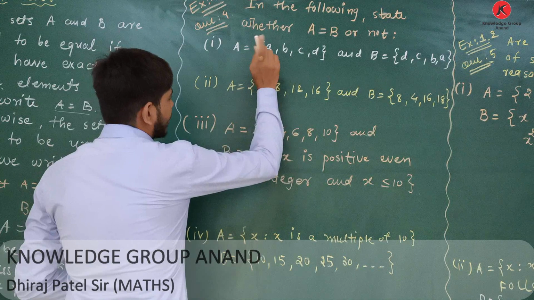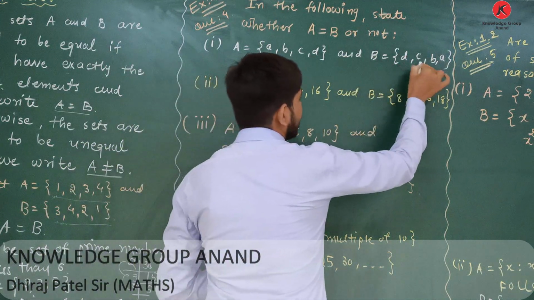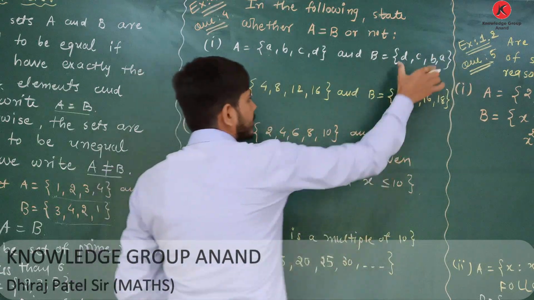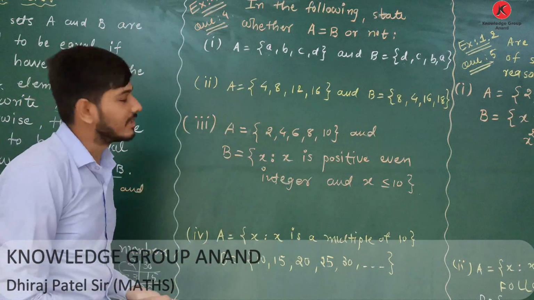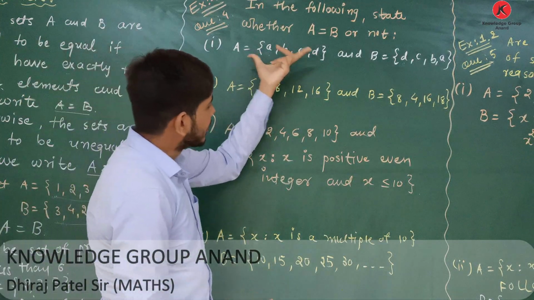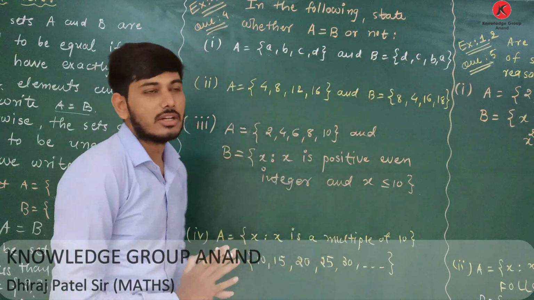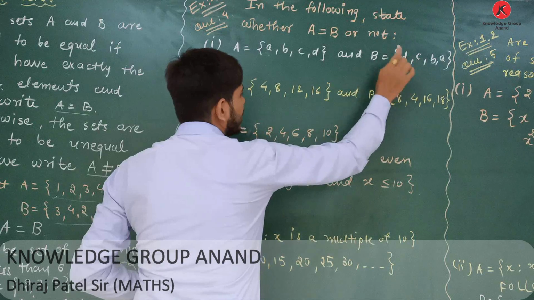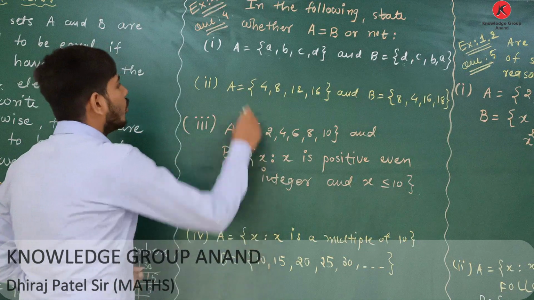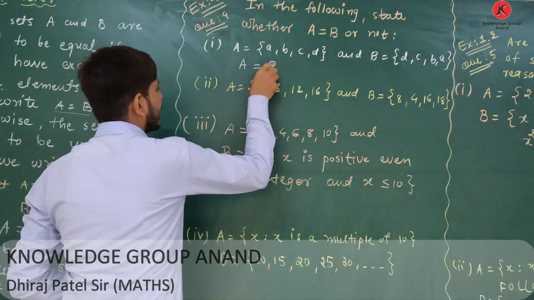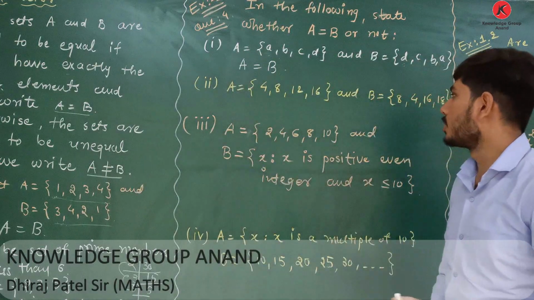All the elements of set A, which are A, B, C, D, are also in set B, as well as all the elements of B are in set A, or we can directly say that all the elements are exactly the same. Therefore, we can say that set A equals set B. Okay, we can denote it A equals B.